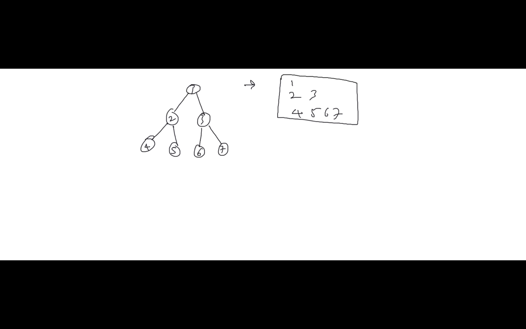We have to use the queue here, and first we take the root node. Okay, queue would be the data structure, fine. And what should be the algorithm? We use breadth first search only here, because we have to do the level order traversal.